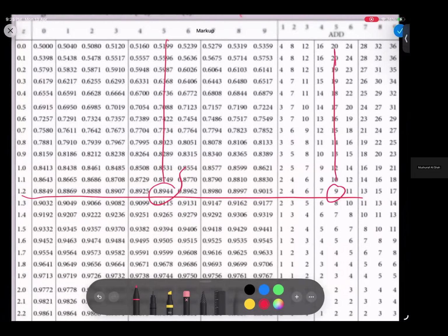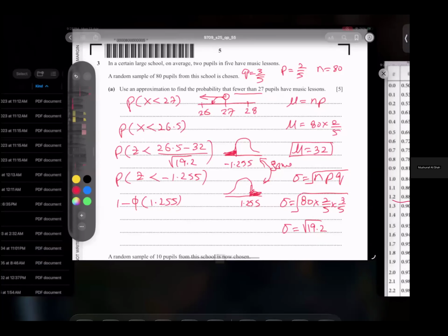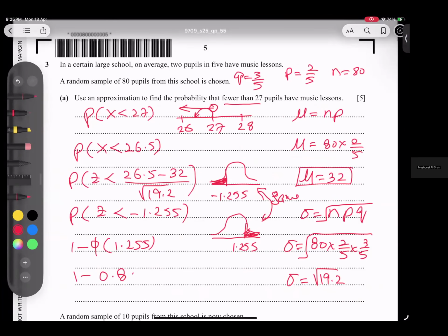If I add it here, 0.8944, add 9, so 0.8953. And we subtract from 1, giving 0.1047. I think that's clear. After rounding the probability, 0.105 is our final answer. I hope you got the point.